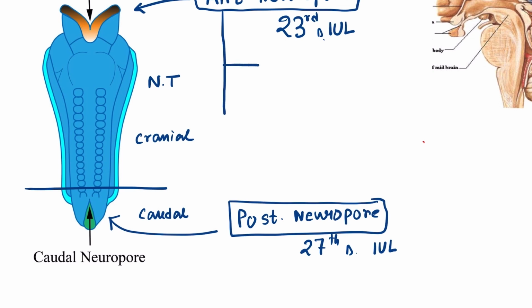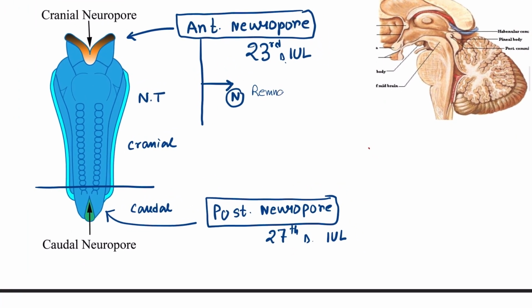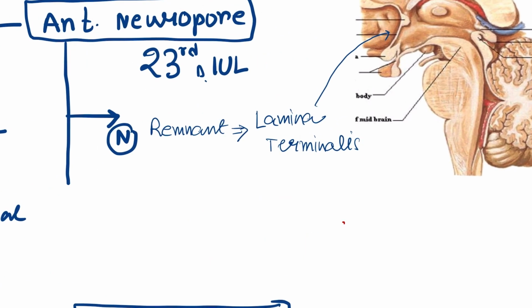Suppose this anterior neuropore closes normally. Now the remnant becomes the lamina terminalis. This part is the lamina terminalis.